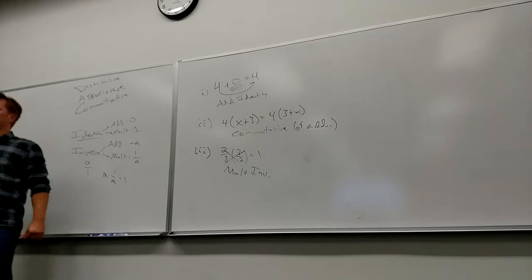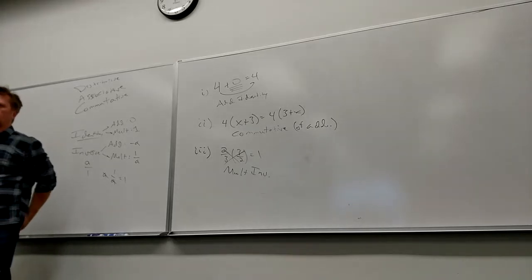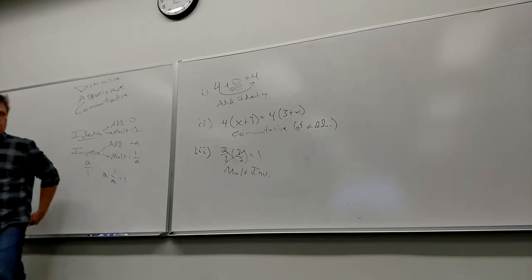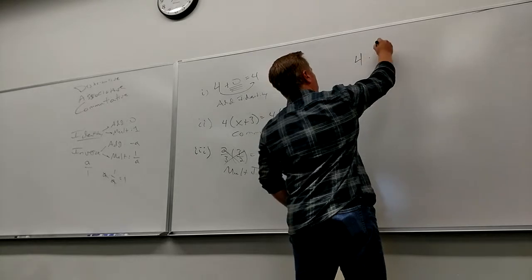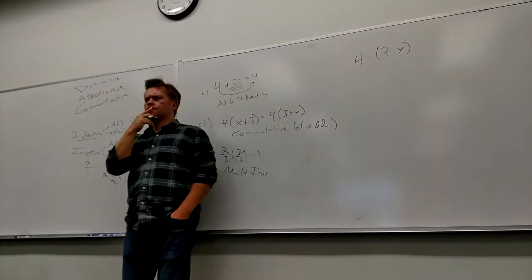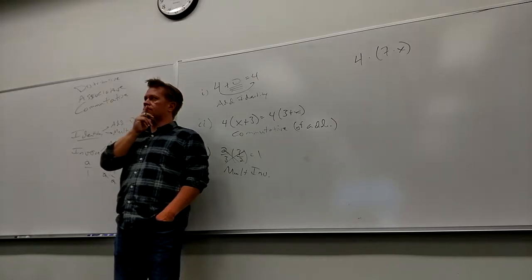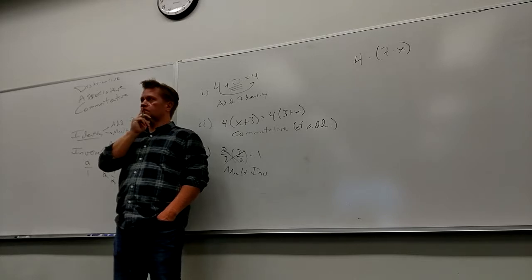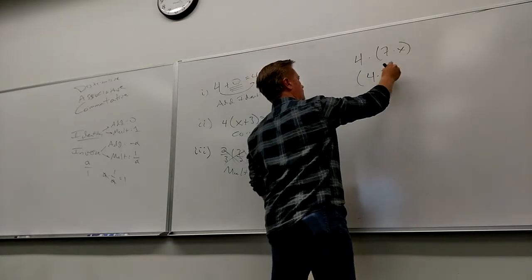Is that all right? Is that cool? Could you show associative now? How would it look? Here, you guys show me associative. How would I rewrite this to illustrate the associative property? 7 times 4 times X. So in the parentheses, 7 times 4 times X. 4 times 7.